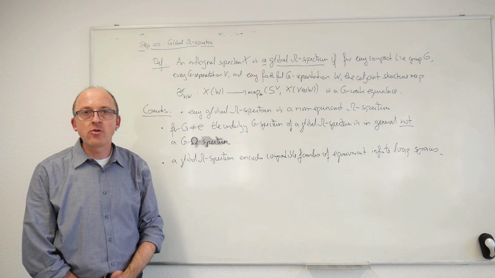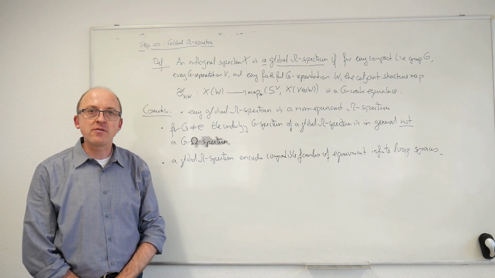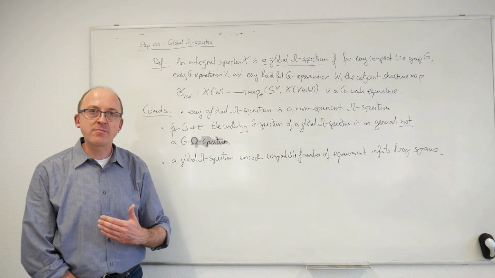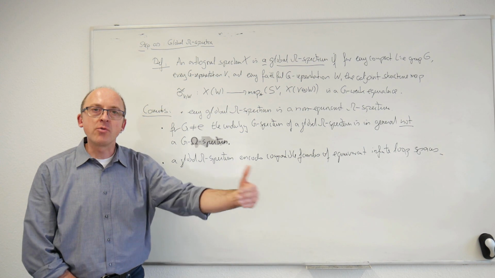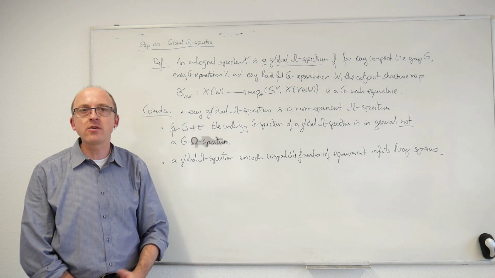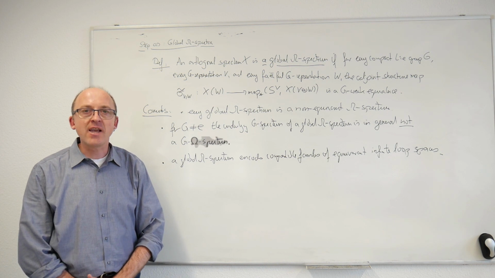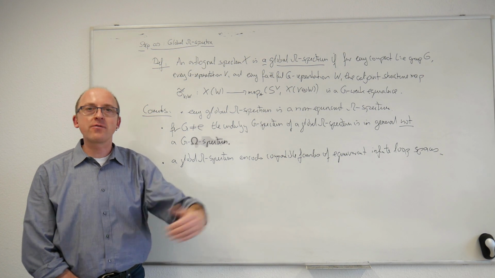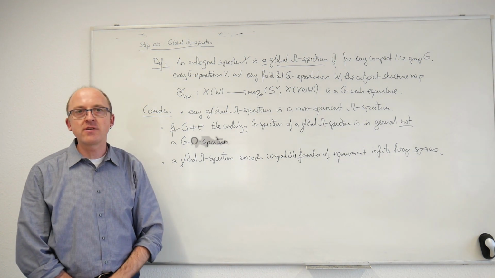On the other hand, global omega spectra exist in abundance because a consequence of the global stable model structure is precisely that every orthogonal spectrum admits a global equivalence to a global omega spectrum. So up to this very fine notion of global equivalence, it is actually no condition to be a global omega spectrum. We can always replace an orthogonal spectrum up to global equivalence by a global omega spectrum.